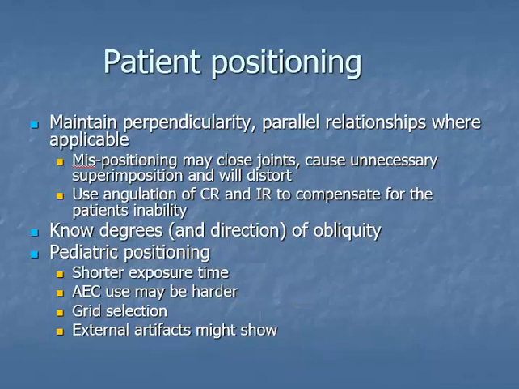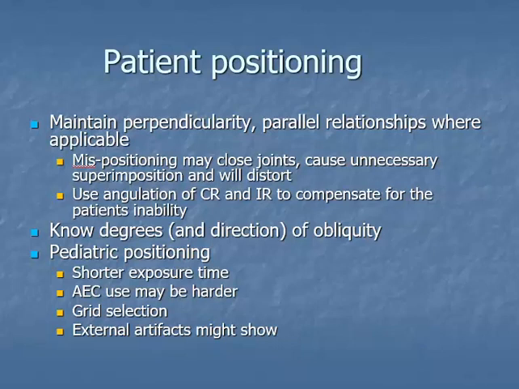Keep in mind on pediatric patients, they're pretty unpredictable, so we want to make sure that we keep our exposure time as short as possible. It may be more difficult to use AECs on pediatric patients, so consider setting techniques. Grid selection, keep in mind we want to keep the patient's dose as low as possible.